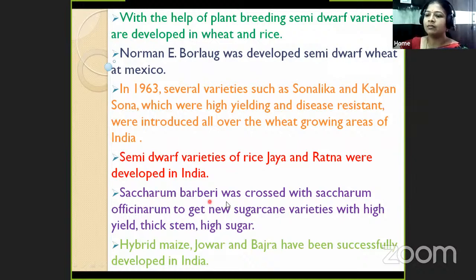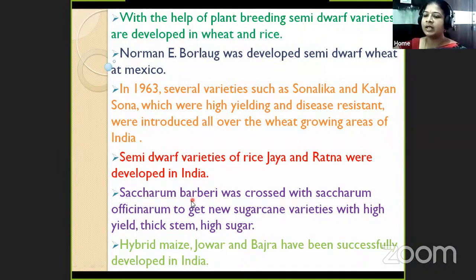Saccharum barberi was crossed with Saccharum officinarum to get a new sugarcane variety with high yield, thick stem and high sugar quality. Listen carefully. Saccharum officinarum is the normal cultivated sugarcane variety. Saccharum barberi is the wild variety.